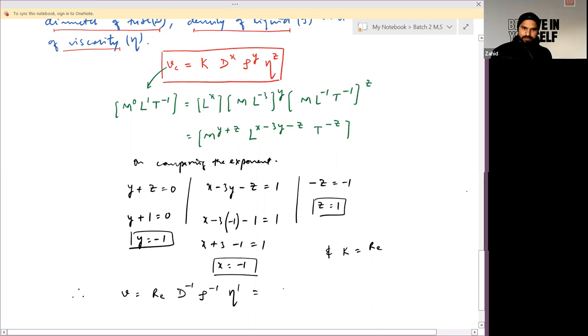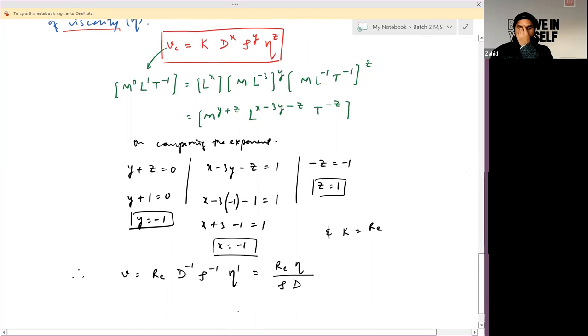So it will be RE times eta divided by rho d. So just rearrange this equation to find RE. So RE will be equal to rho V d divided by eta. So this is called the Reynolds number.